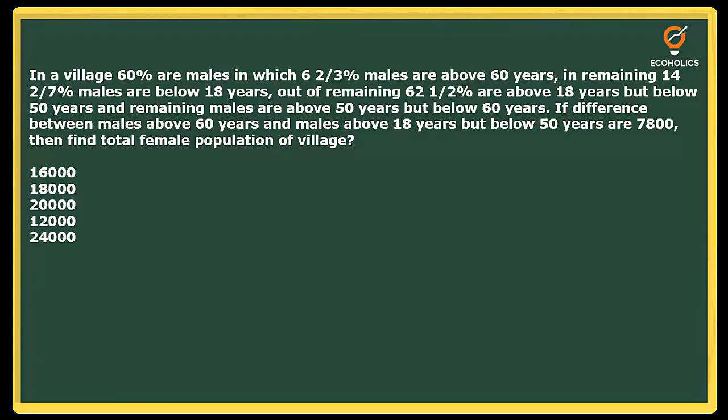Let's check. So in a village, 60% are male, in which 6 2/3% males are above 60 years. So let's say the total population of that village is 100. Out of that 100, 60% are male.